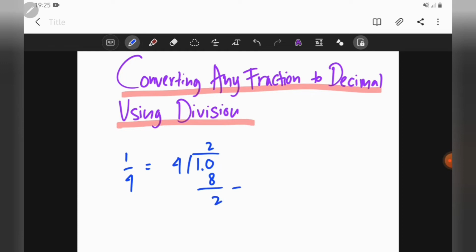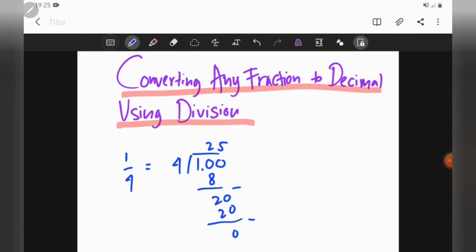And once again, we have to divide 2 by 4 because 4 is still too big for 2. We can add another 0 in the hundredths place for that decimal and bring that zero down. So we know that 20 divided by 4 is 5 and 5 multiplied by 4 equals 20. And now the remainder is 0.